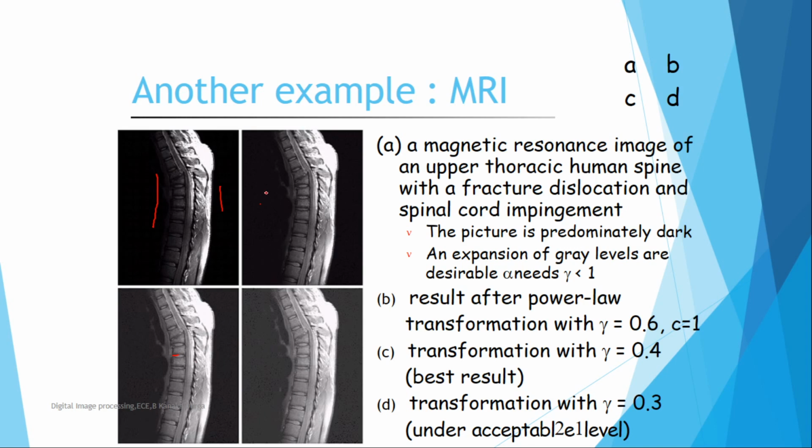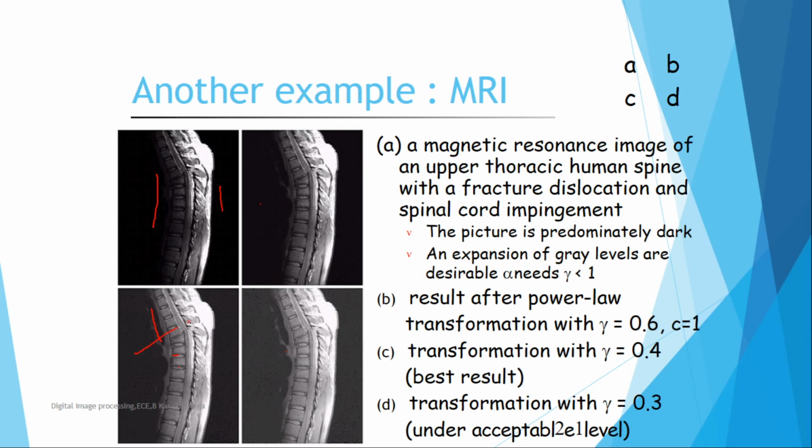If you observe these four photographs, which one is best for finding dislocation of the spinal cord? In these two photographs, we cannot observe this whole containment, but in these two we can find it. However, the clarity is greater in this photograph compared to that one.